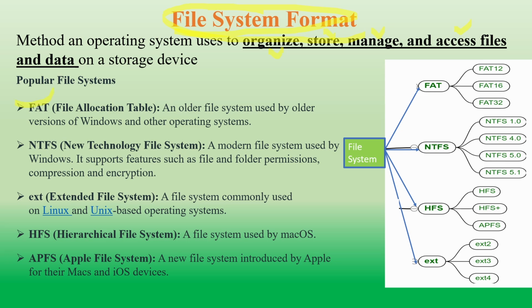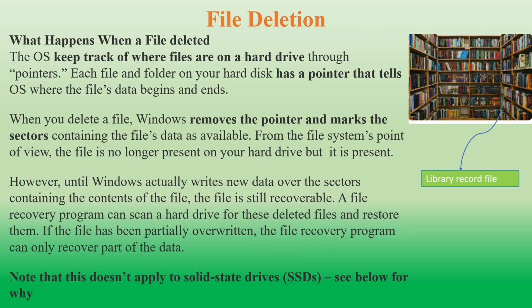FAT, file allocation table, is the older version. NTFS, New Technology File System, is the modern one in use. Others are the extended file system, and the hierarchical file system or APFS. This is the tree of file systems. The FAT system is further divided into types; FAT32 is commonly used, and NTFS like this.